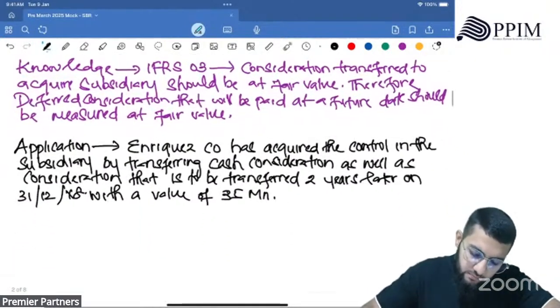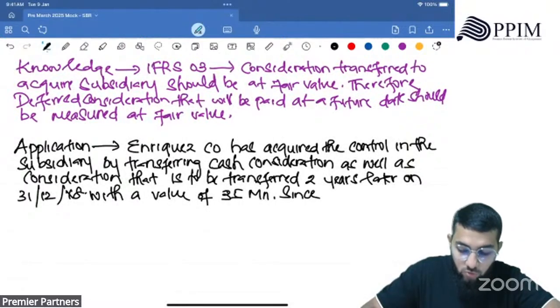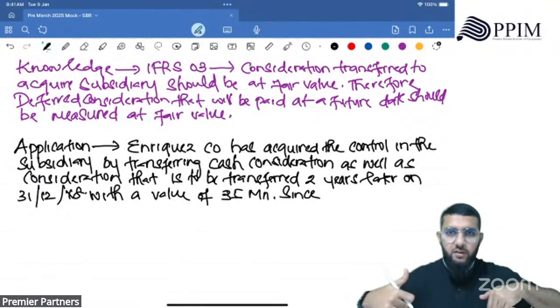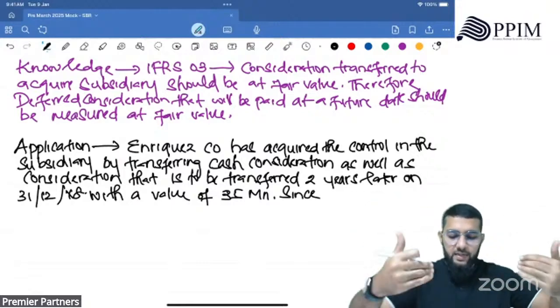All right, application. I'm not going to write this formal answer for every requirement. I'm writing this for you to get an idea. The rest I'll be explaining.